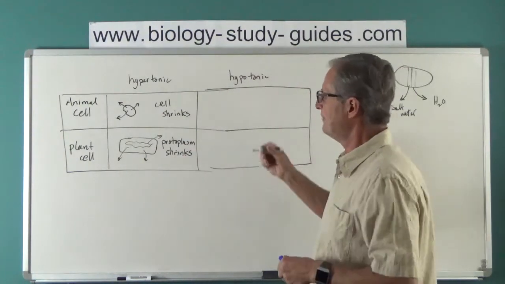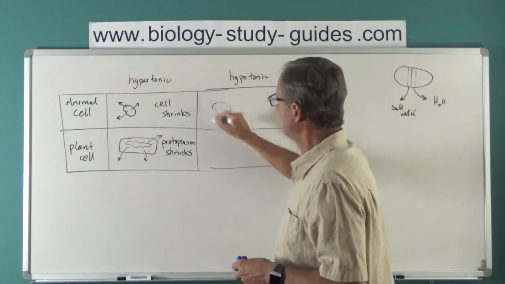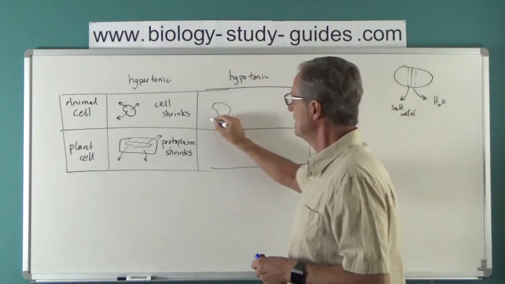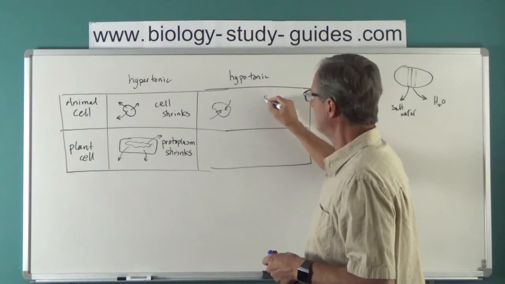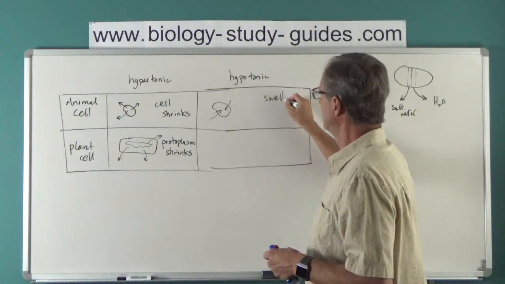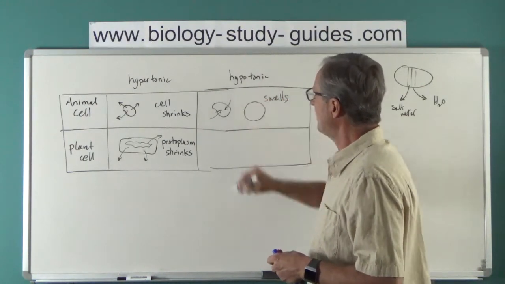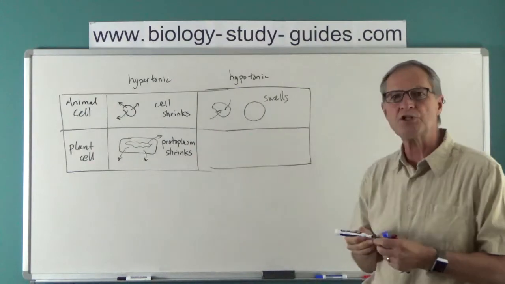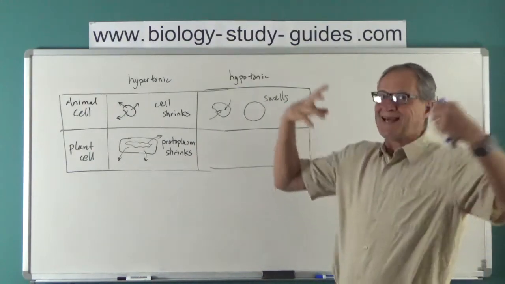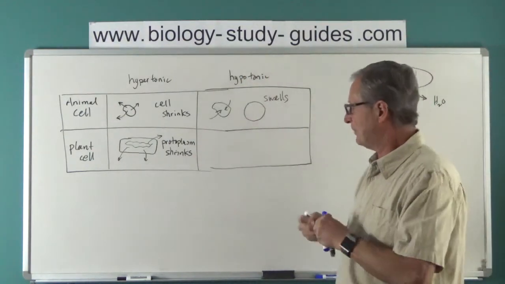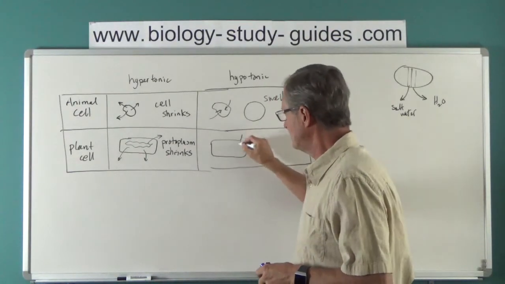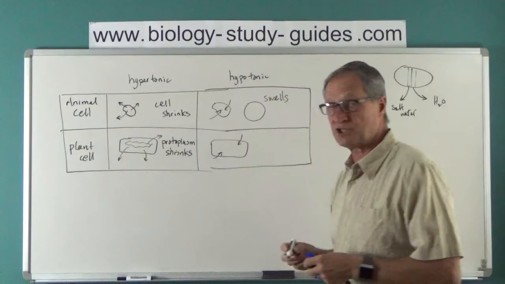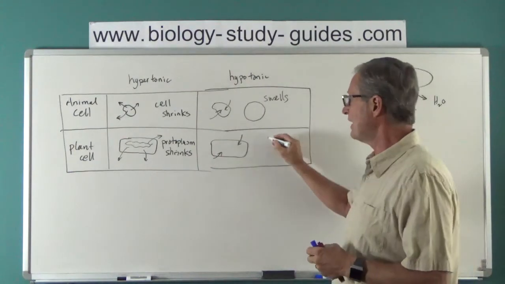If we do the opposite, if we put these cells in hypotonic solutions, the animal cell is going to gain a lot of water and it's going to swell. So it's going to get as plump as it possibly can. It'll become completely spherical if possible, because that's as big as it can get. The plant cell, in contrast, is going to take in water as much as it can, but you might not see anything.